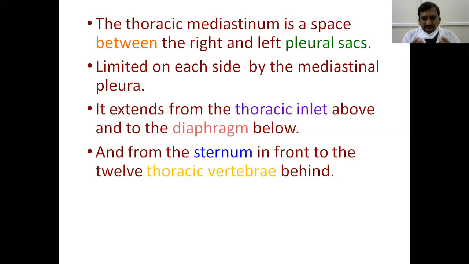Suppose it compresses the descending thoracic aorta, what happens? There is turbulence of flow. Then the part proximal to the obstruction may get enlarged, and it may produce a clinical condition called aortic aneurysm, because of the compression over the descending thoracic aorta.